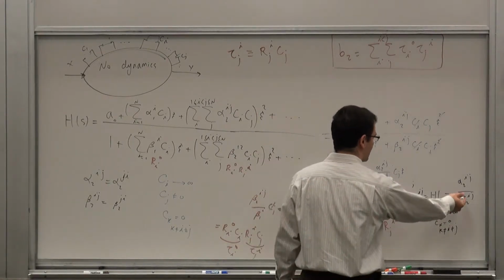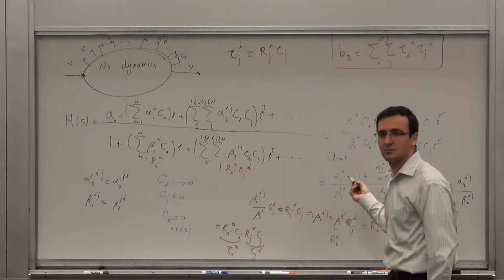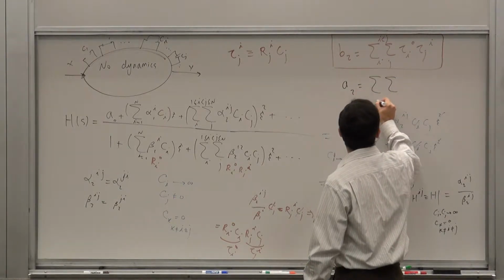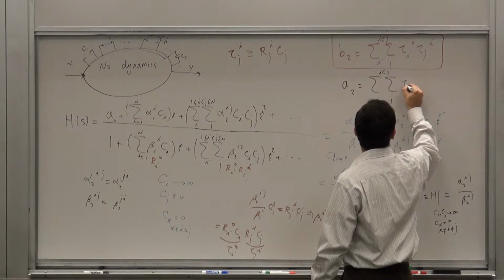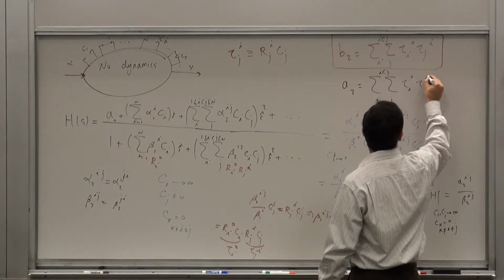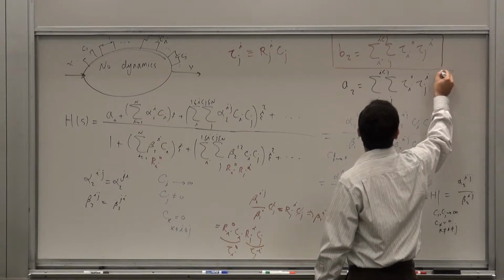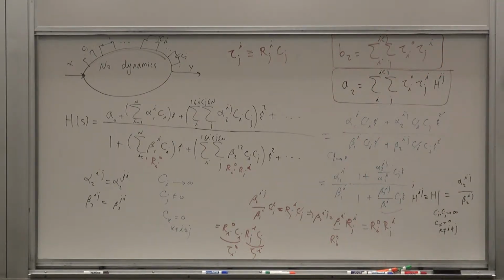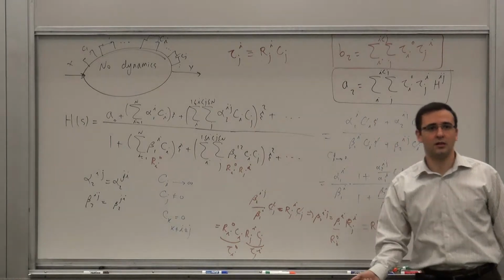So alpha 2ij is simply that times Hij. So A2 would be the same double sum in terms of indices, tau i0, tau ji, the same time constant, times Hij. I use this, multiply this to get alpha 2ij, and plug it in.